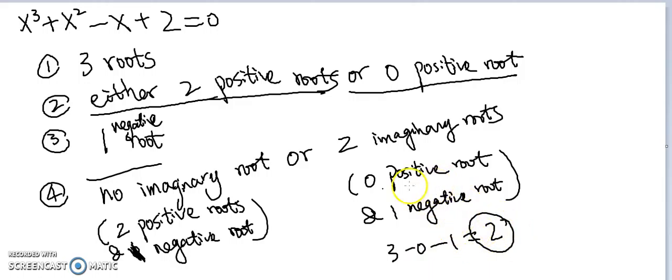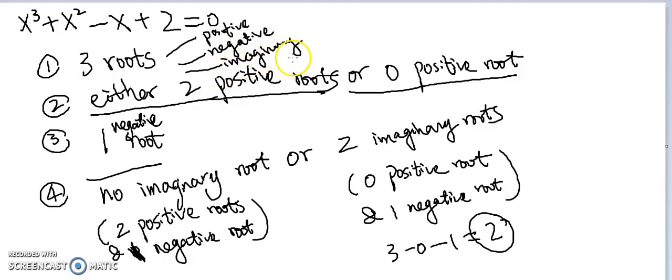They have to be imaginary, because any root falls into only 3 categories: either it's a positive root, or it's a negative root, or if it's not positive and not negative, then it has to be imaginary. So that's how we decide the number of imaginary roots. Just subtract the number of positive and negative roots from the total number of roots. So in this case, it's the total number of roots 3 minus 2 positive minus 1 negative. You are left with 0 imaginary.